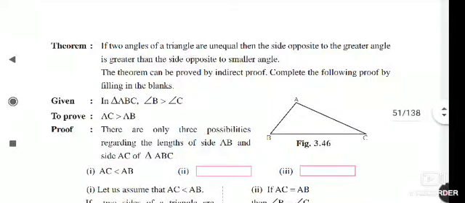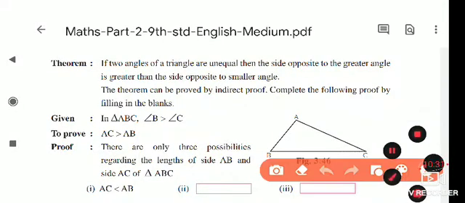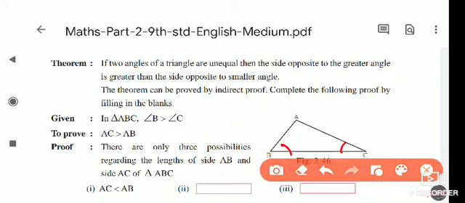If two angles of a triangle are unequal, meaning B is greater than C, then the side opposite to the greater angle is greater. B is the greater angle, its opposite side is AC. AC is greater than the side opposite to the smaller angle. C is the smaller angle, and its opposite side is AB. So AC is greater than AB, that we have to prove.